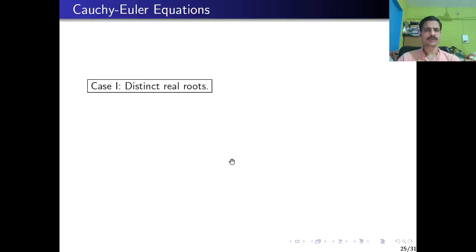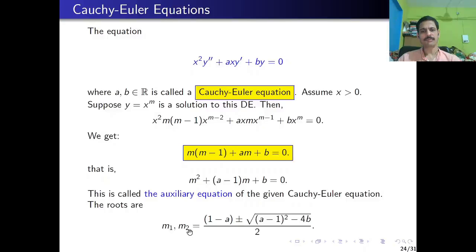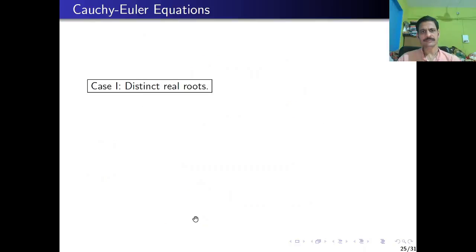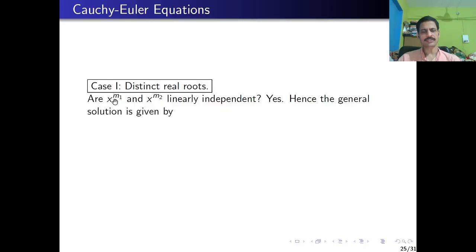First case, when the roots are distinct and real. That means m1 and m2 are real numbers and they are distinct. In that case, are x raised to m1 and x raised to m2 linearly independent? We take the ratio, x raised to m1 divided by x raised to m2, that is x raised to m1 minus m2, and that quantity is not a constant.